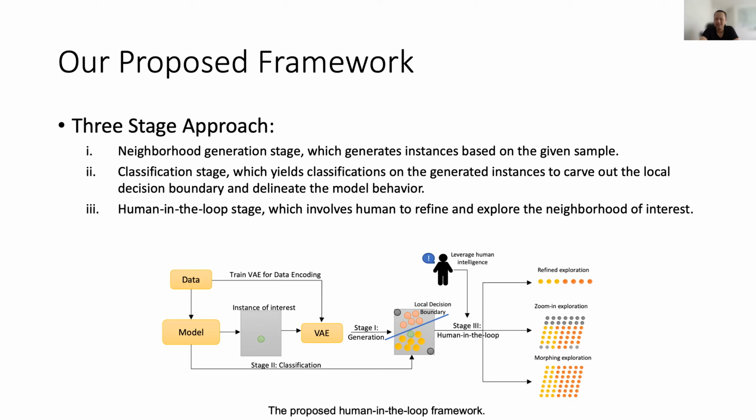First, the instances in the neighborhood need to be semantically close to the point of interest. Second, the decision boundary is at least partially visible within the neighborhood. And third, the neighborhood needs to maintain the number of instances at a manageable size so that human users can gain insights from it.